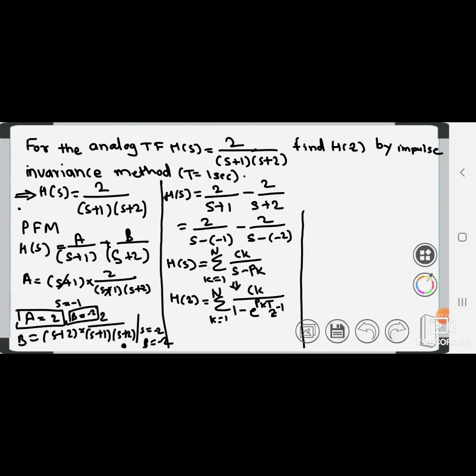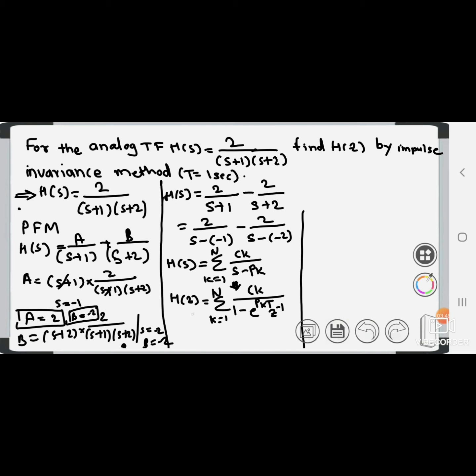Means directly we can convert H(s) into H(z) if we have this form Ck upon (s - pk). If you carefully see this, 2 upon (s - (-1)) minus 2 upon (s - (-2)), that is -1 and -2 are nothing but p1 and p2, these two poles.